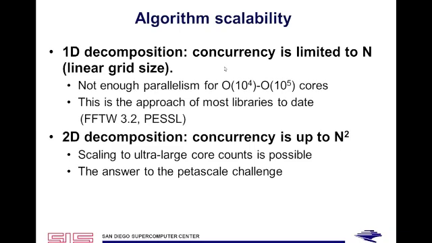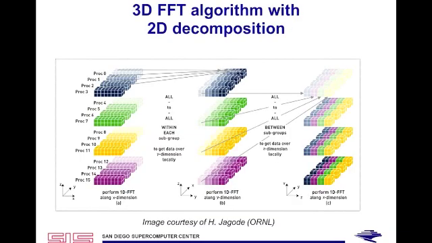Unfortunately, this is the approach that most widely available libraries to date have been using, such as FFTW, PESSL, and many others. To overcome this limitation, we're going to talk about 2-dimensional decomposition, where concurrency is limited now by N squared. So, in theory, scaling to much larger core counts is possible.